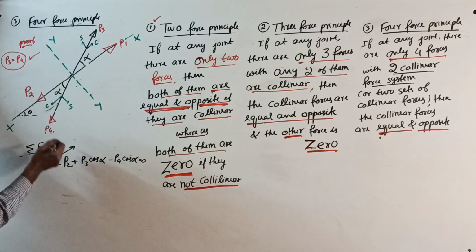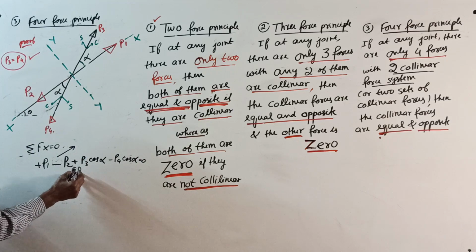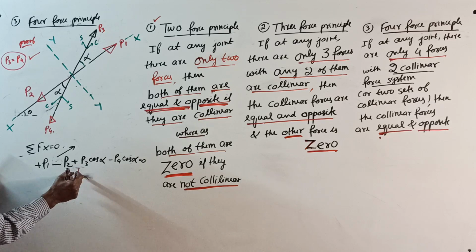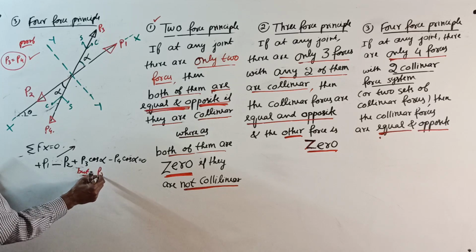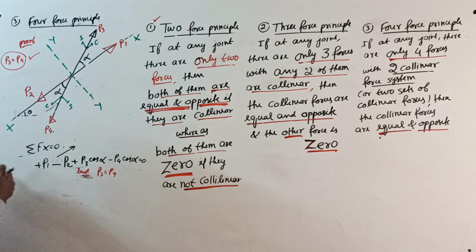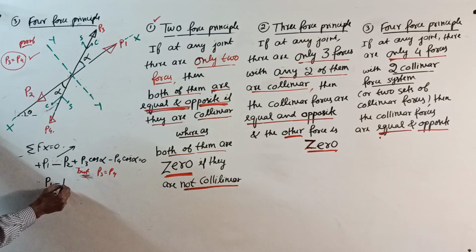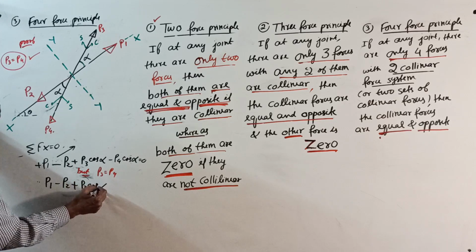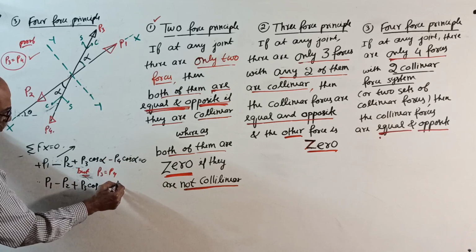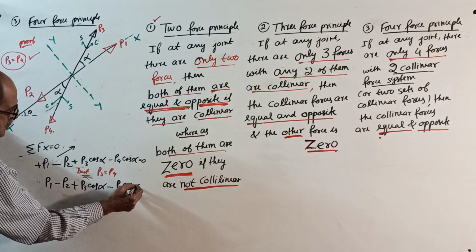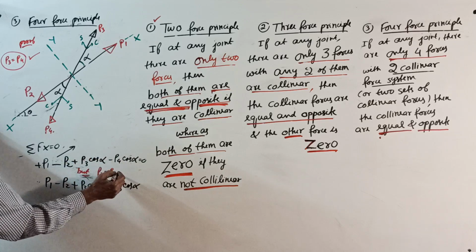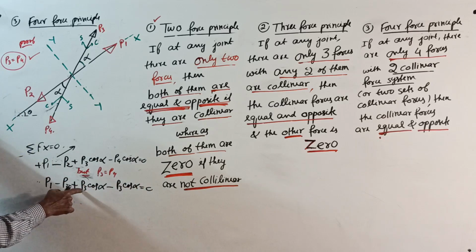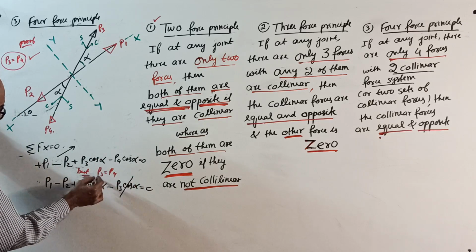But we know that P3 equal to P4. Already you got it, just now. Therefore, P1 minus P2 plus P3 cos alpha minus P4 cos alpha, and P4 equal to P3, so it is P3 cos alpha minus P3 cos alpha, which will cancel.